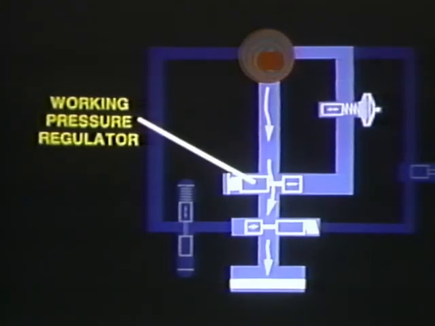The modulator pressure is directed to a second valve called the working pressure regulator. The position of this valve is dependent on the modulator pressure, and accordingly, more or less pump pressure will pass by the valve. The pressure that passes by is called working pressure and is used to apply the band and clutch pistons.